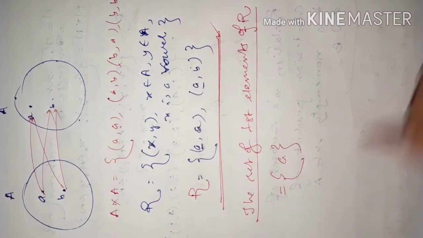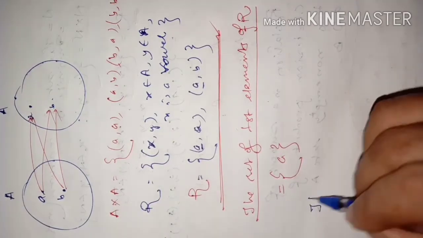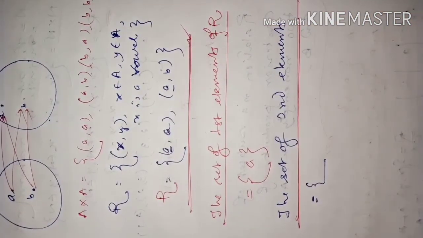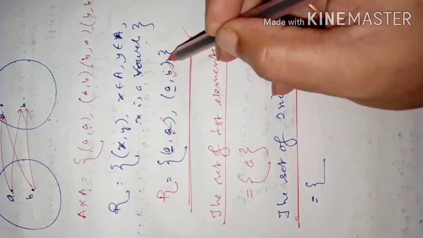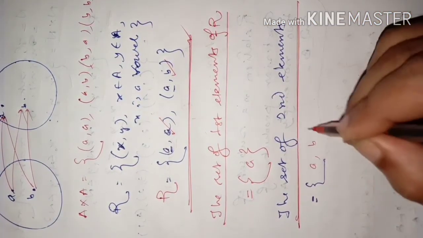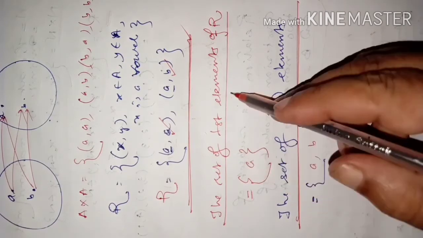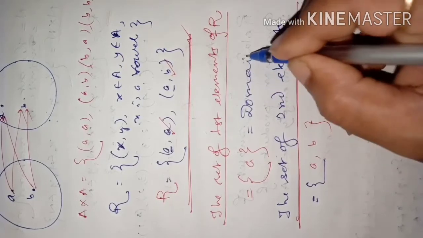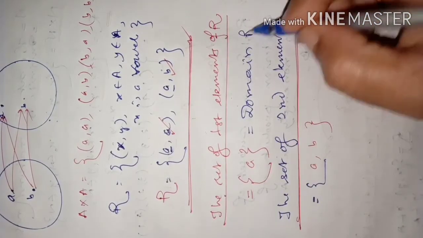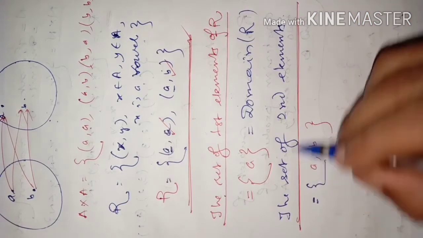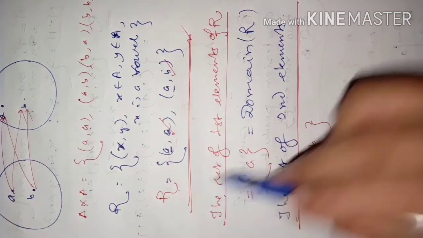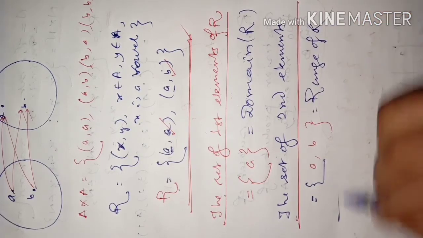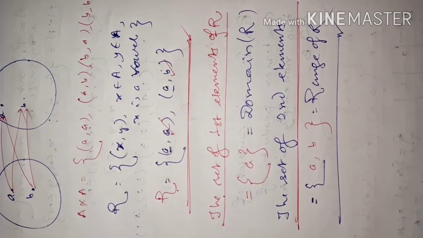The set of second elements means second element a, second element b. So they will be here. The set of first elements of the relation R is called the domain of R. And the set of second elements of the relation R is called the range of R. So we have got two more terms, that is, domain and range.